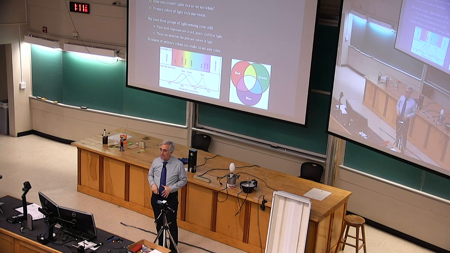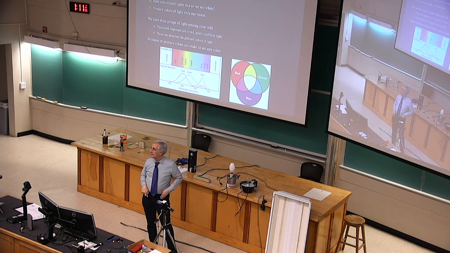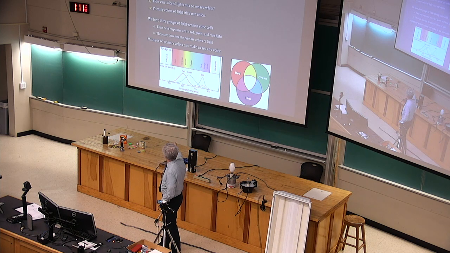So, if you expose these cone cells, the red cone cells, to light at 600 nanometers, they go, oh yeah, I see it, it's great. If you expose it to light at about 500 nanometers, they're just not sensitive. So that's the spectrum of sensitivity. I'll leave it at that.